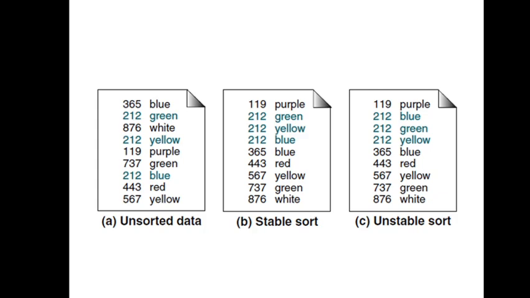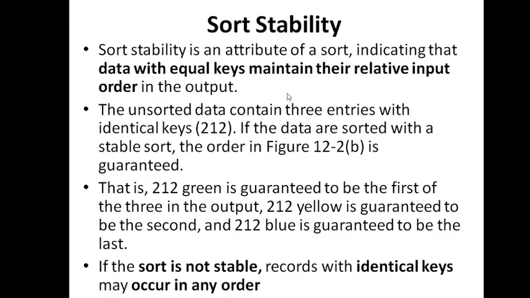For example, in the original order, green comes first, yellow comes second, and blue comes third. So if you want to implement stable sorting, and if there are no specific instructions given about the secondary values, then you must retain the original order as it is done in the second case, and that has not been done properly in the third case. This is the idea of sort stability.